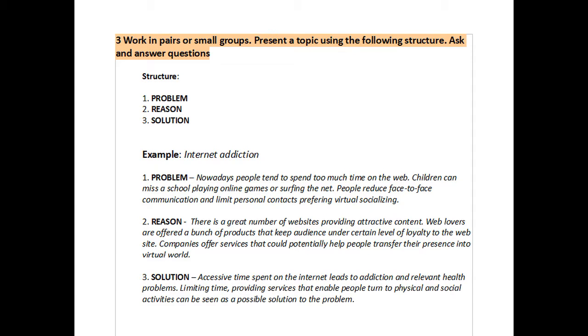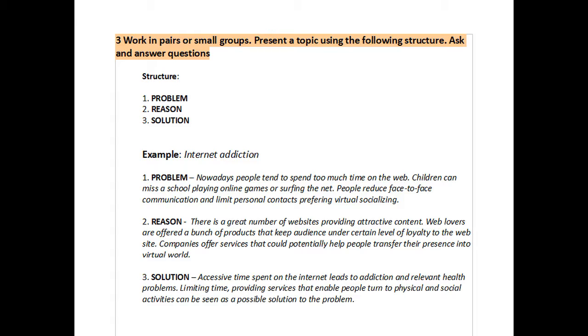Exercise 3 is optional and can be recommended for high-level classes due to its complexity and multifunctional character. The activity asks students to present a particular topic based upon a certain structure: problem, reason, solution. The structure consisting of 3 stages is presented along with the example of a topic presentation.